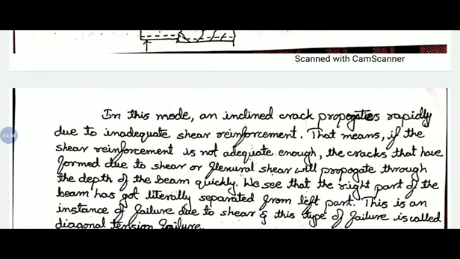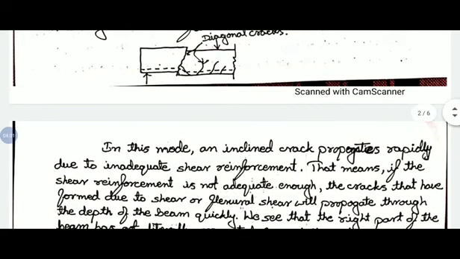If you observe in the figure, the beam is literally broken down. The beam will split into two parts. So this is the example for failure due to shear, and this failure is called diagonal tension failure.